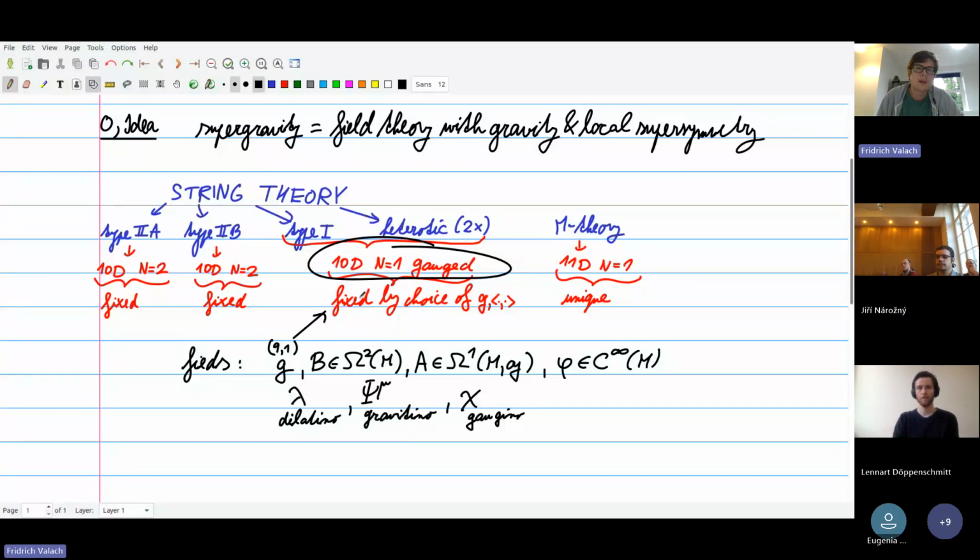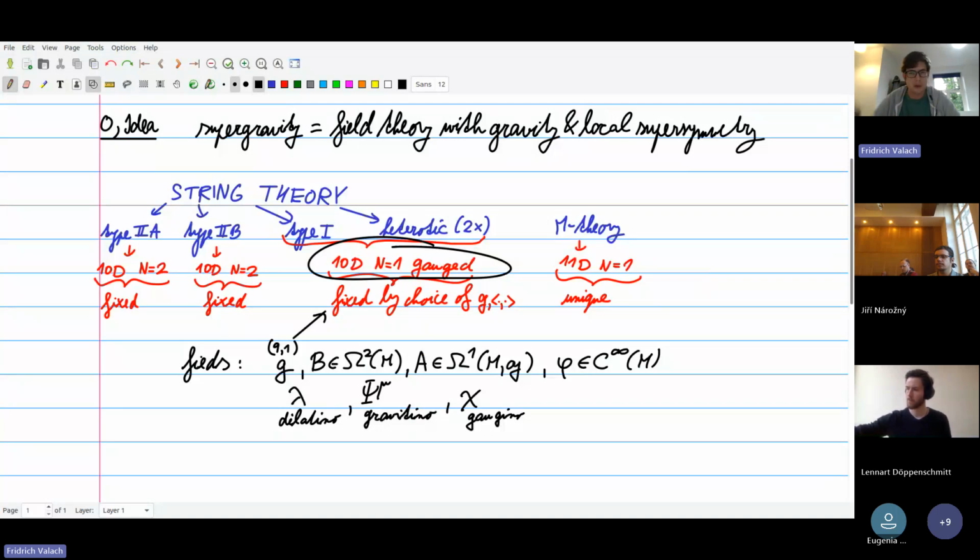So the string theoretic interpretation of B is that it's like a higher gauge field. Mathematically, it's a connection on a gerbe, and it's the thing that couples to the string worldsheet in the same way that the electromagnetic field would couple to a particle. In the string worldsheet action, there is a term where you have your string worldsheet, this two-dimensional manifold embedded in your spacetime, and you just pull back B and integrate it over the worldsheet.